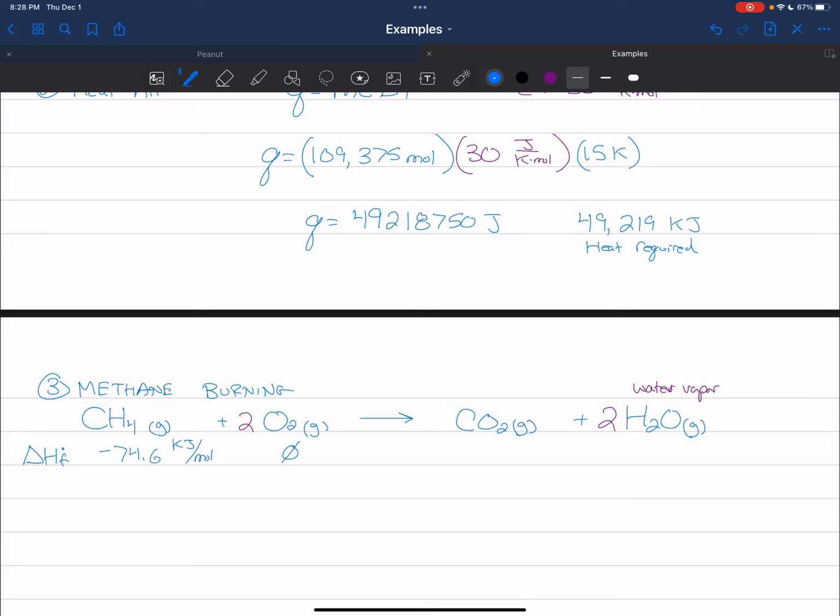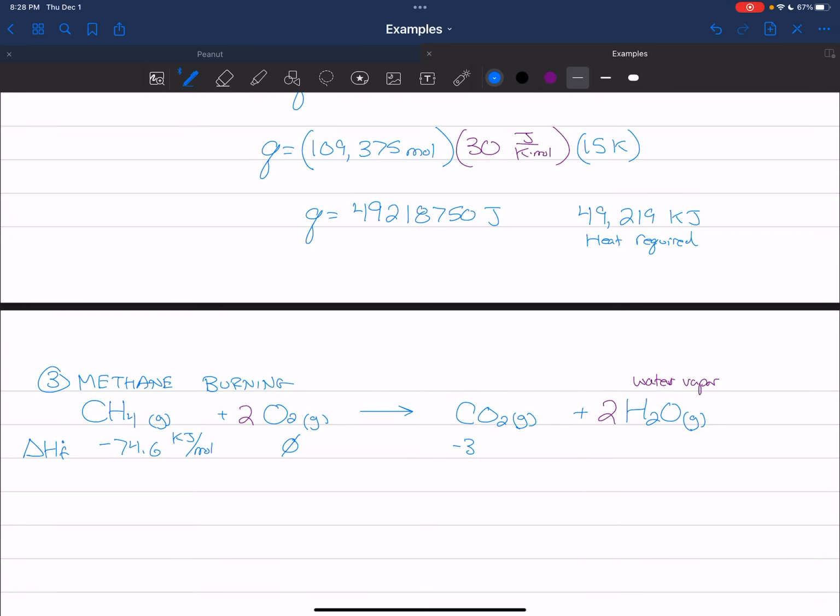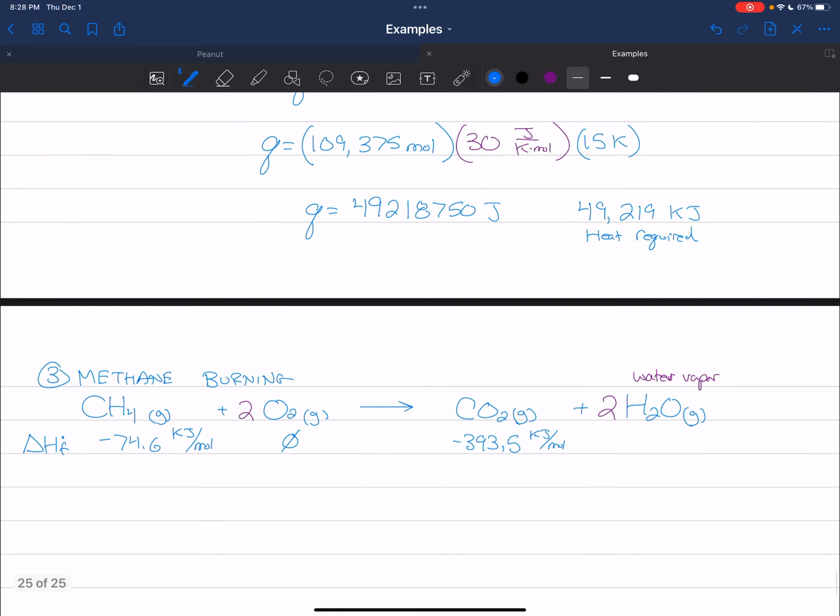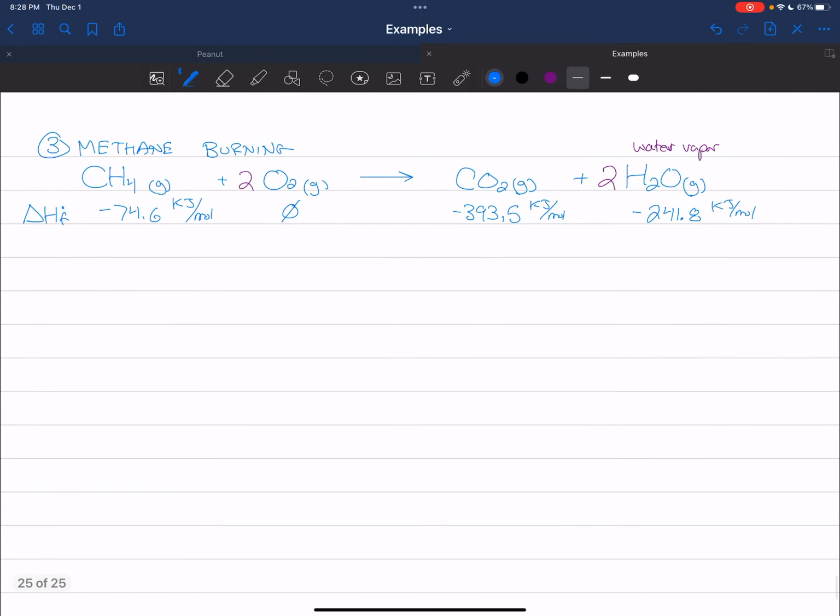O2 is 0, element standard state. Carbon dioxide is negative 393.5 kilojoules per mole. And water vapor is negative 241.8 kilojoules per mole.